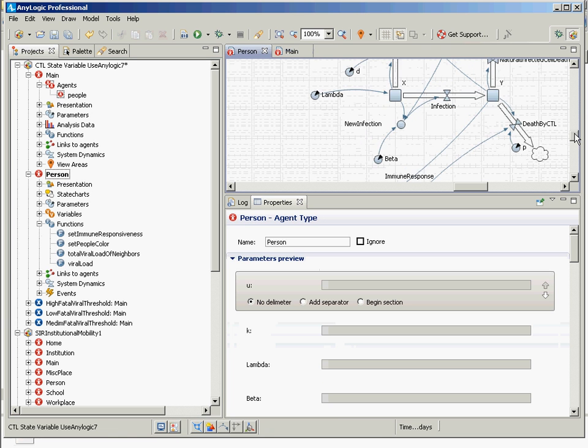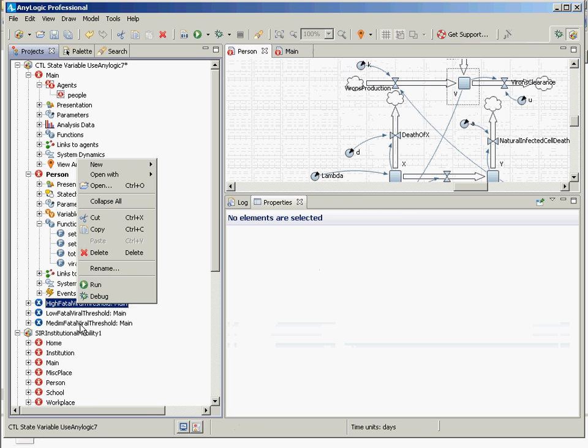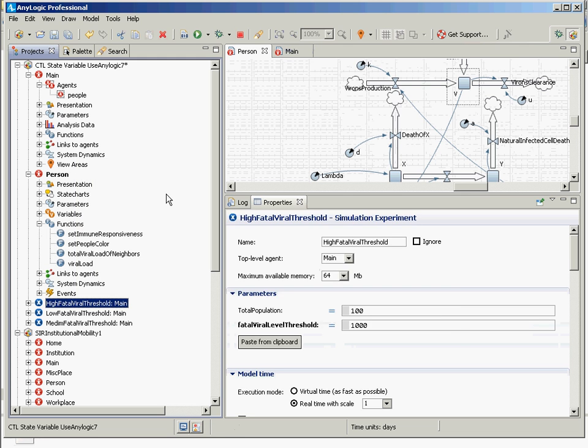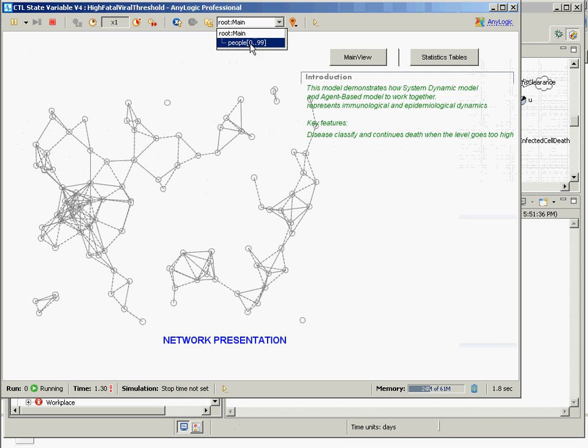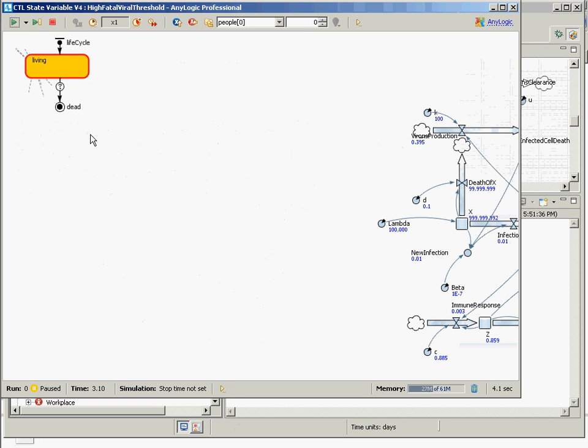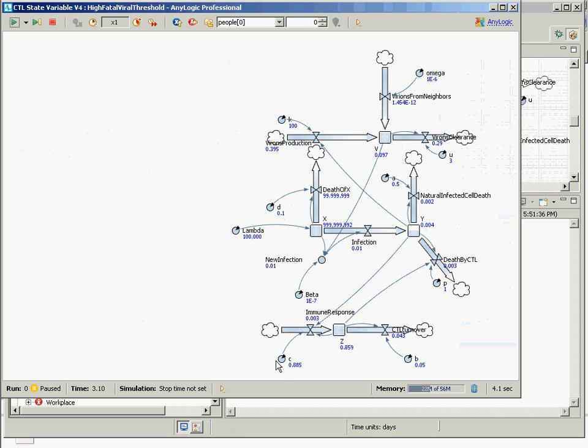So if we were to run this again, we'll run this model, and we will drill down to the level of a particular person, say person 0, and you'll notice that this person has a value of C that's 0.885, this other person 1.074, this other person 1.058.